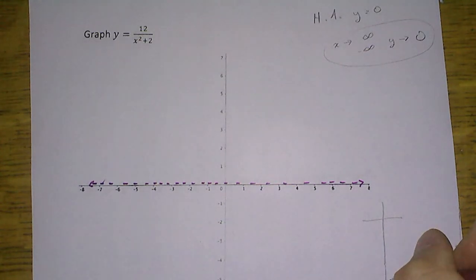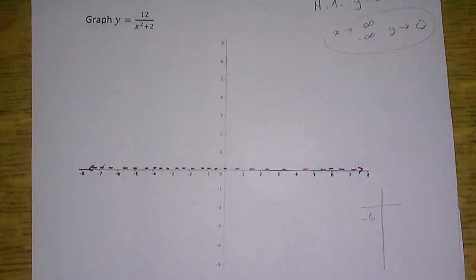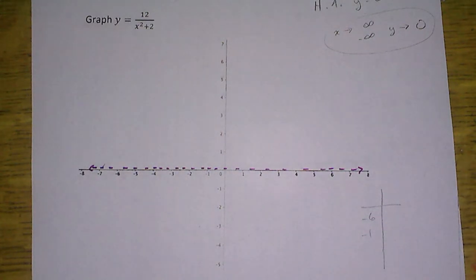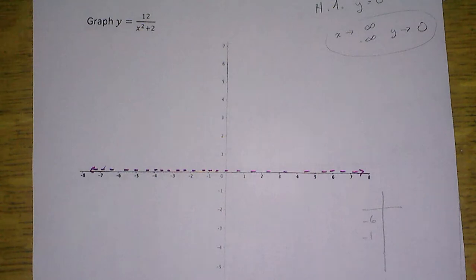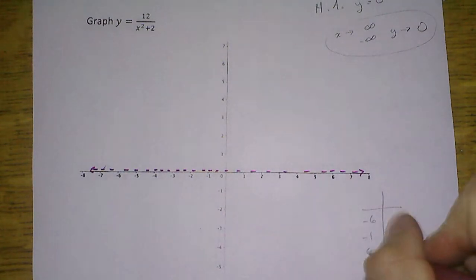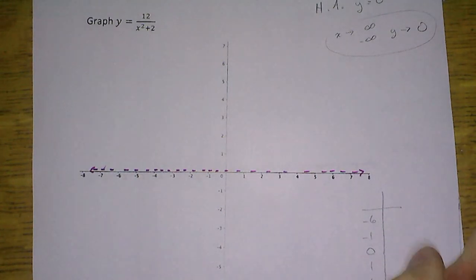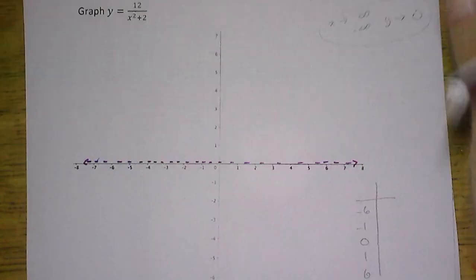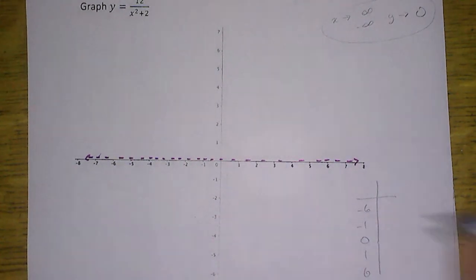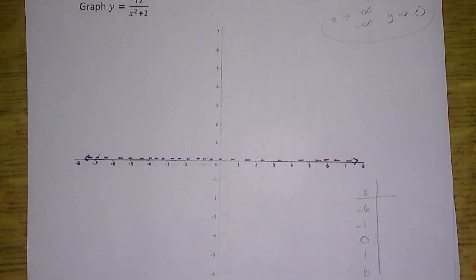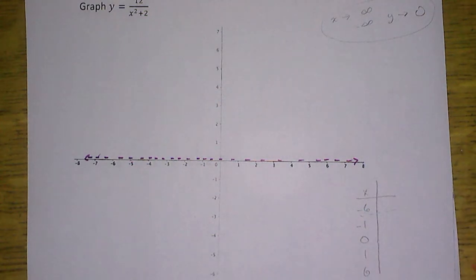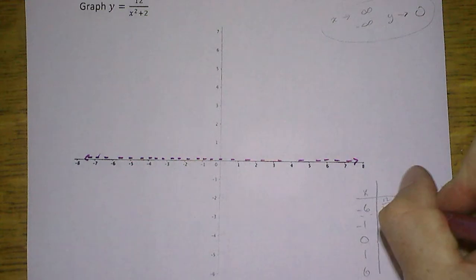So I'm going to pick negative 6, why not, seemed fun. Perhaps negative 1. Well, I have a feeling that it's going to be symmetric. I'm just going to try these 5 values. Why not? Anyways, for x equal to negative 6, my y value is 12 over 38.